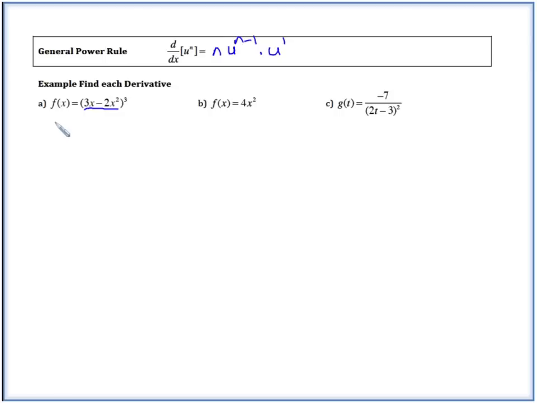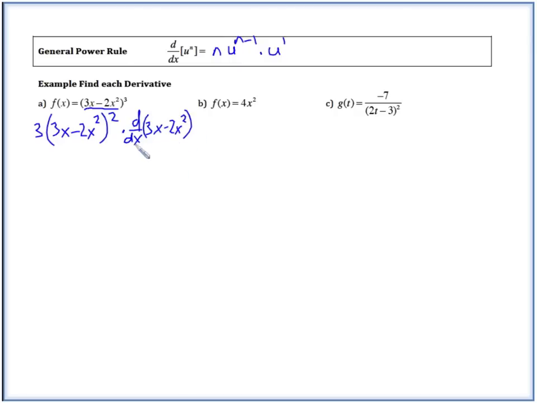Okay, so when we apply the general power rule, we're going to have n, so the 3, times u, the 3x minus 2x squared, to the n minus 1, so that's going to go down to 2, times, now u prime is going to be the derivative of u, so 3x minus 2x squared.